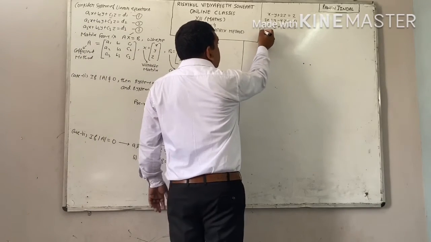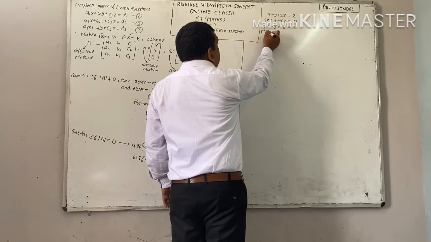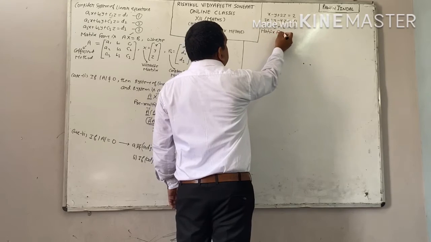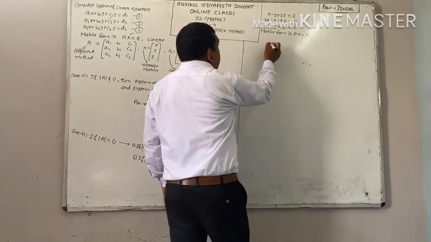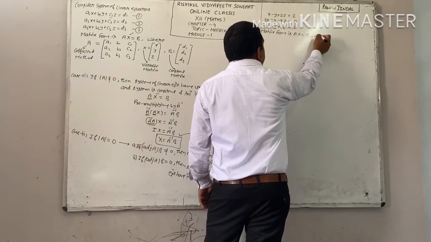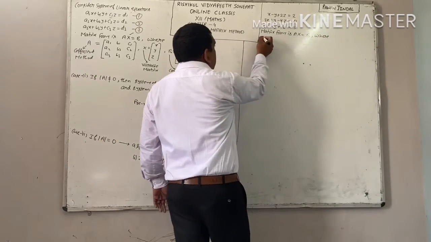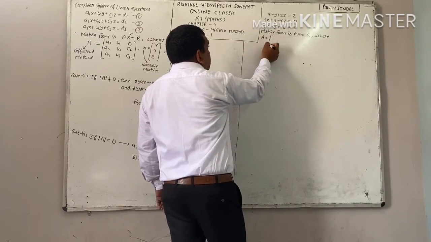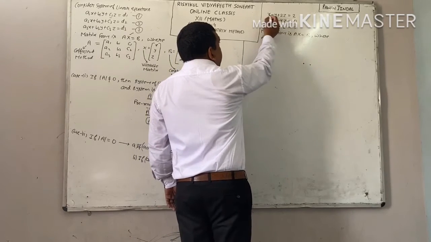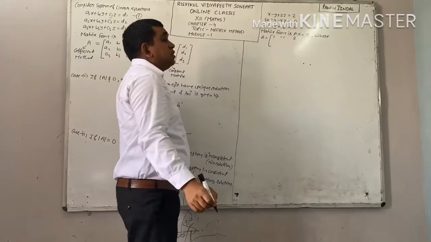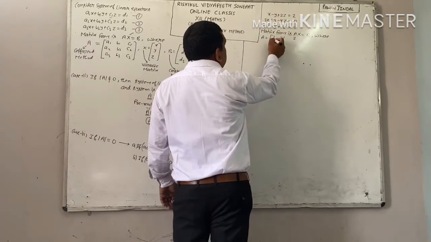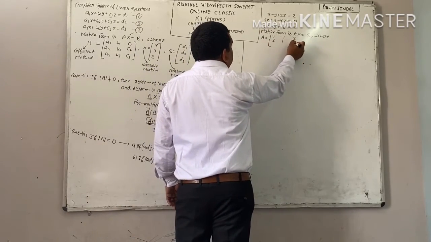Therefore, your first step is matrix form. You will write down the equations in matrix form, and matrix form you know very well. It is your Ax equal to B, where A is your coefficient matrix. You have to write down the coefficients: 1, minus 1, 2. From second equation, see 3, 1, minus 4.